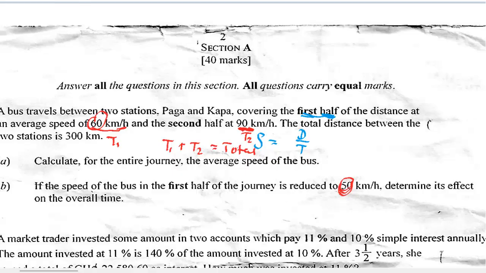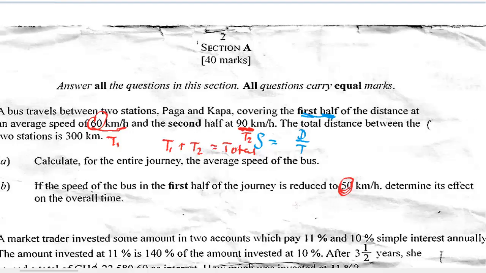So here, what we can say before we even start solving is that the speed has reduced from 60 kilometers per hour to 50 kilometers per hour.